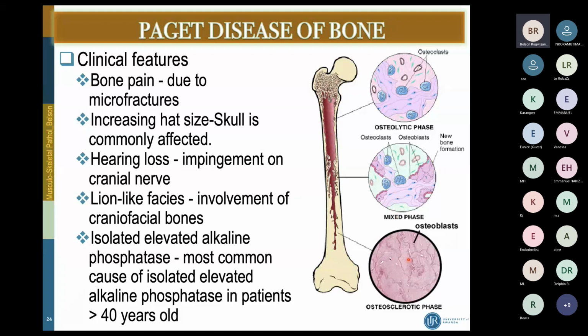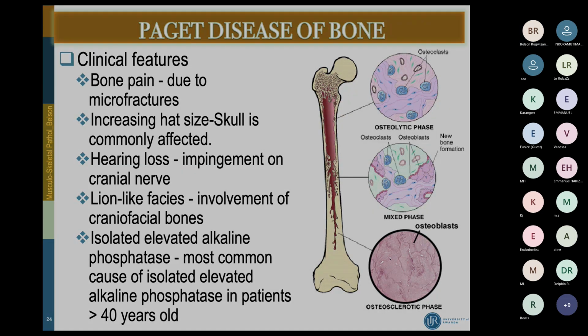And in the osteosclerotic phase, you can see that everything here is fibrous, and even the spongy bone here is decreased. And we have the mixed phase where we can have both osteoclastic and osteoblastic phases. So a fracture can happen anywhere, be it at the osteosclerotic area or at the osteolytic area.